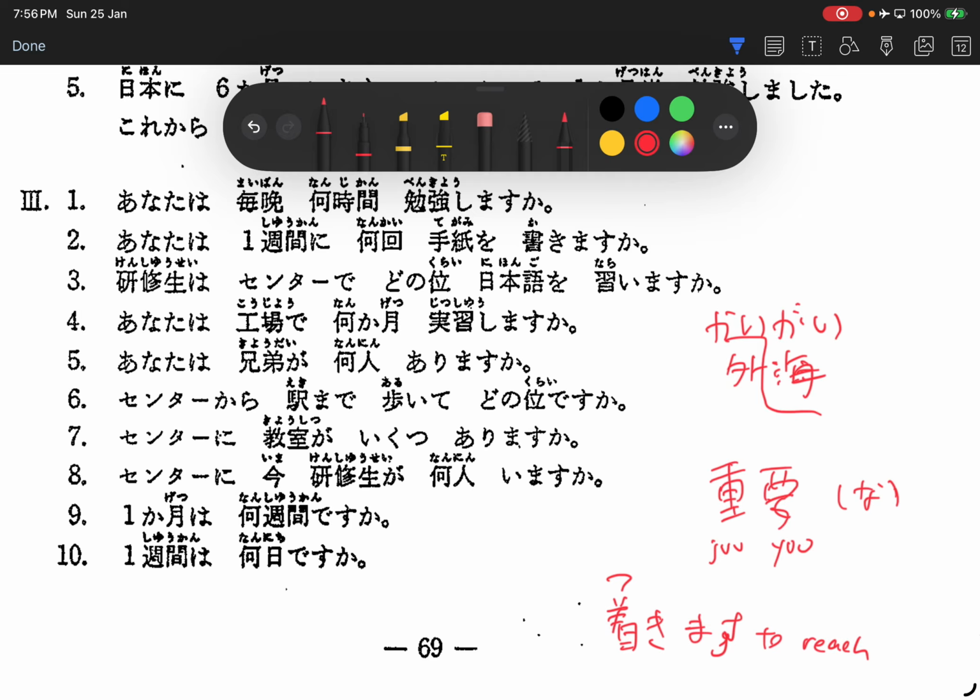What was your answer? 歩いて3時間. 歩いて3時間かかりますが, remember the word かかります? It takes time, right? So 歩いて3時間かかりますが、車で1時間着きます。 Right?